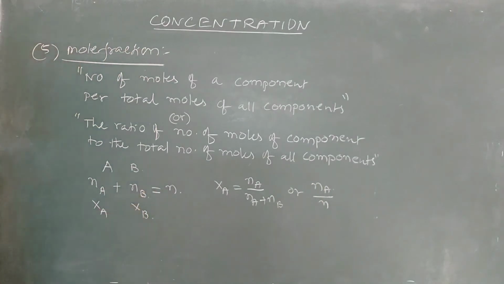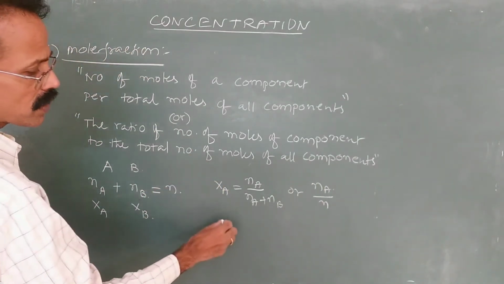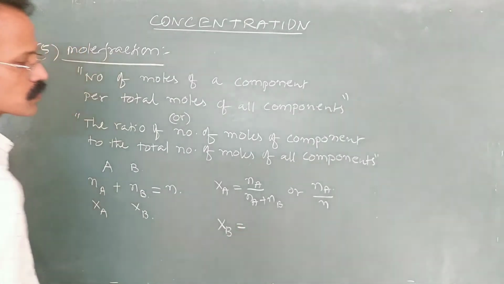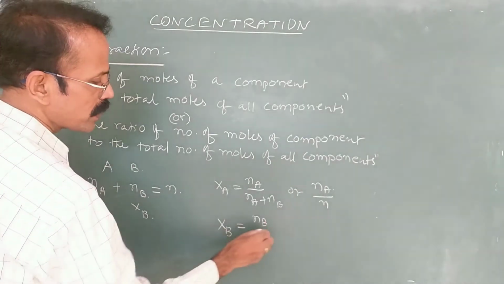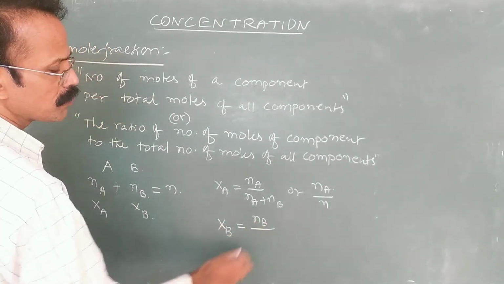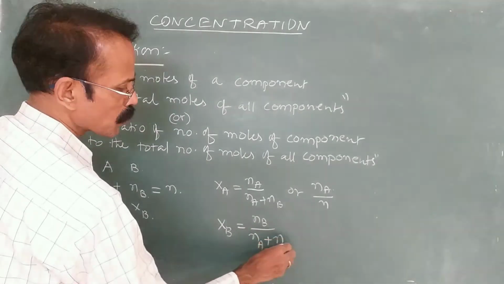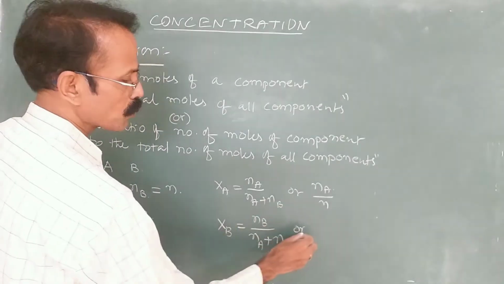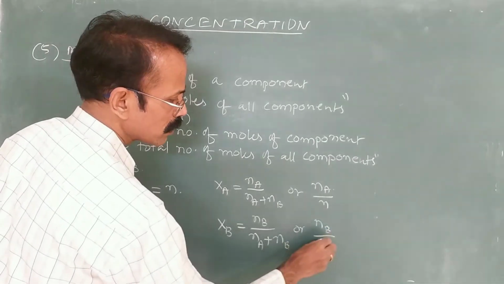So this is the mole fraction of component A. Similarly, the mole fraction of component B is given by Xb equals the number of moles of component B, Nb, divided by the number of moles of A plus the number of moles of B. So this is the total number of moles. Now the mole fraction of B is Nb by N.